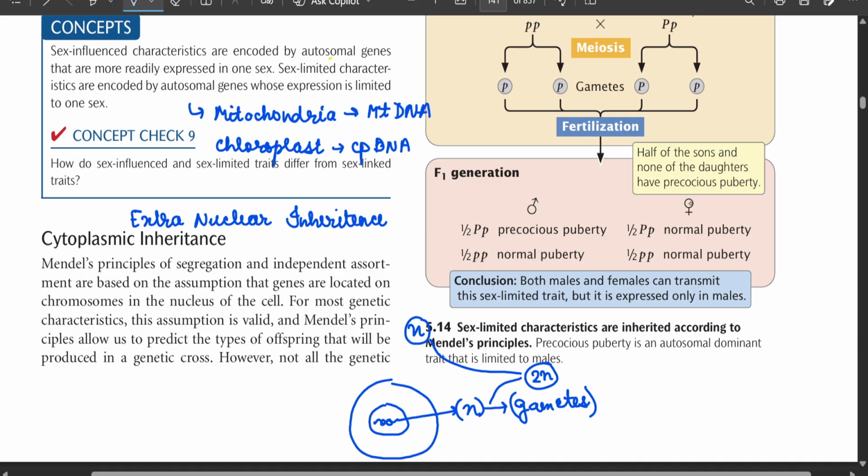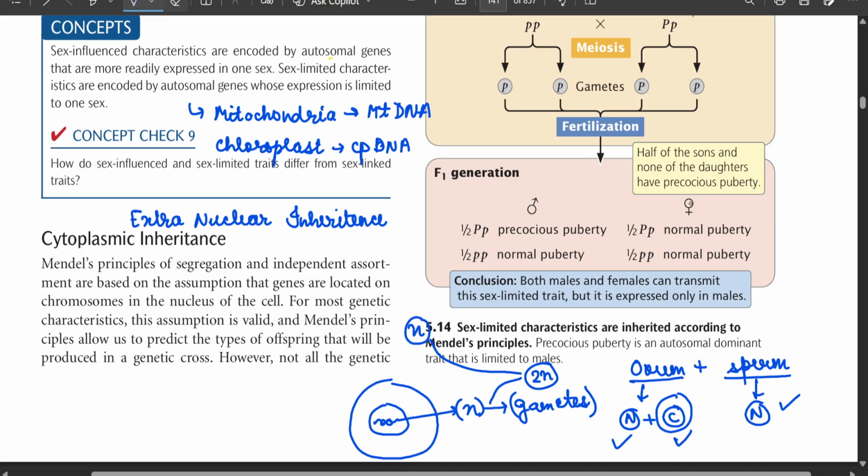Whenever the egg or ovum and the sperm fuse, always remember that from the sperm only the nuclear elements will be contributed, but from the ovum, other than the nuclear elements, the whole of the cytoplasm is contributed. So the ovum will contribute both the nucleus as well as the cytoplasm to the resultant zygote, but the sperm will only contribute the nucleus.